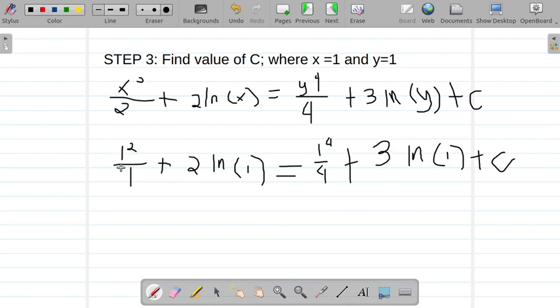So 1 squared over 1 is just equals to 1. Then 2 ln 1 is 0 multiplied by 2, 0 ra gyapon. So 1 to the power of 4 over 4 is just equals to 1/4. I mean, 2 day ni siya. So, mo siyang 1/2.